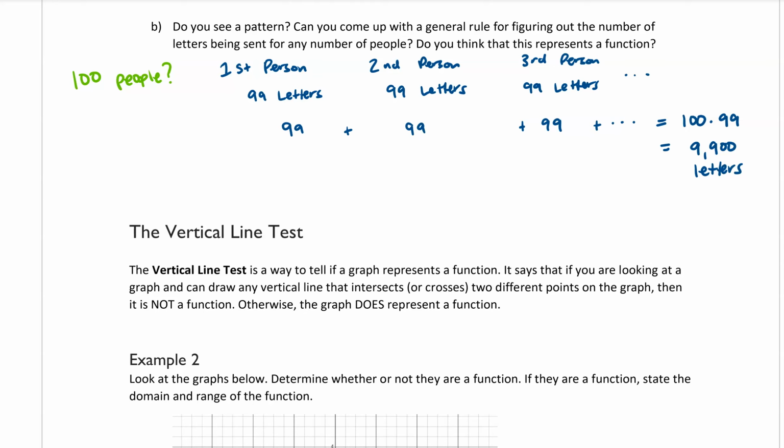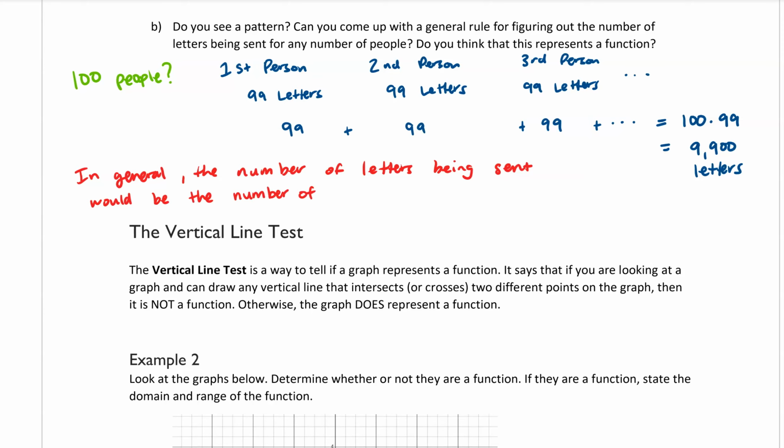So in general, the number of letters being sent would be the number of people times the number of people minus 1.